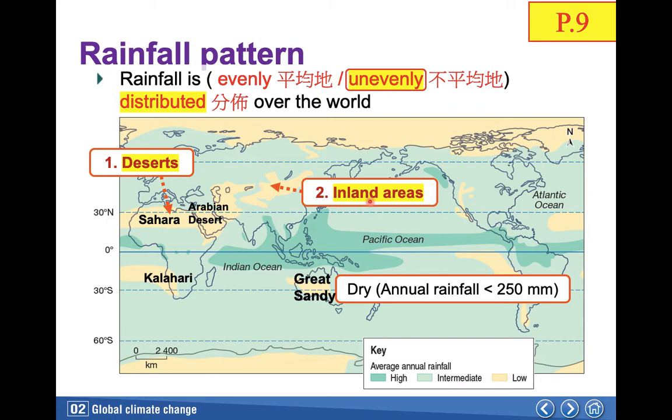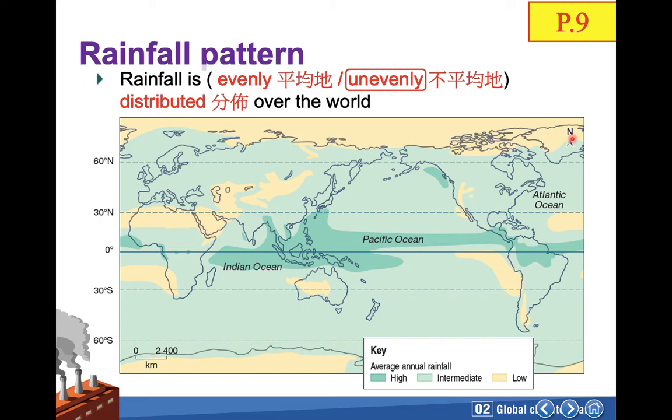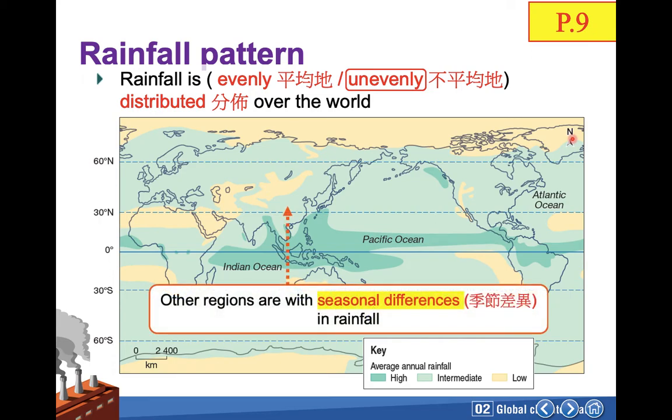They don't have a lot of rainfall. It's because the wind cannot bring moisture into the very inland area. And the third place that gets low rainfall is at high latitudes. And some other regions, for example this light green area with intermediate rainfall, have seasonal differences in rainfall.